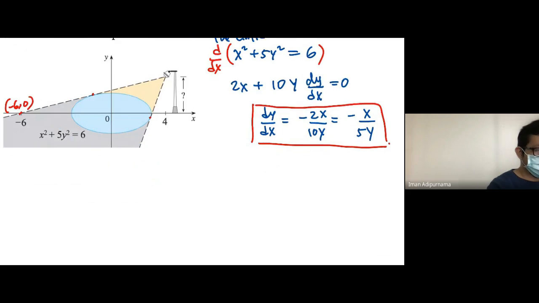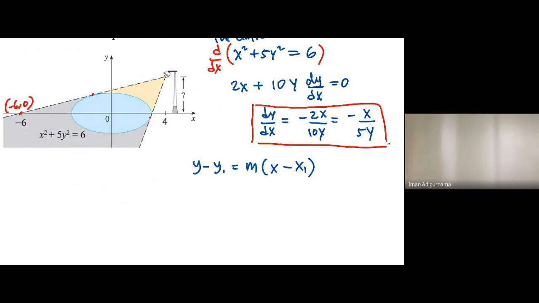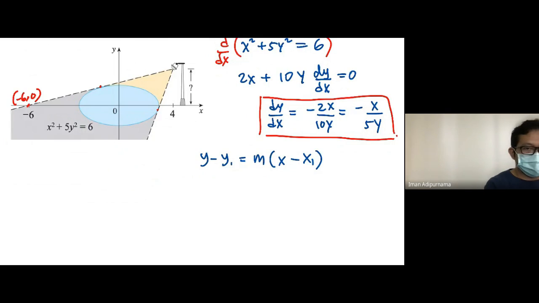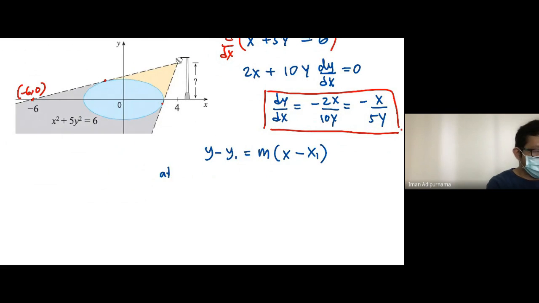Now the line equation, we have this, right? The slope we have from dy over dx. And we can take the point that is at negative 6, 0.